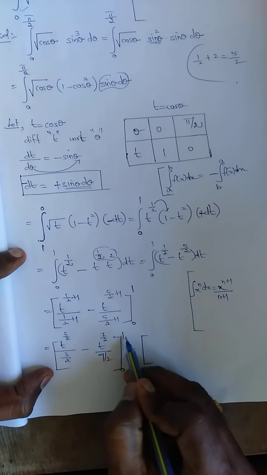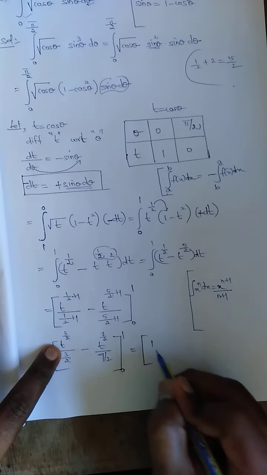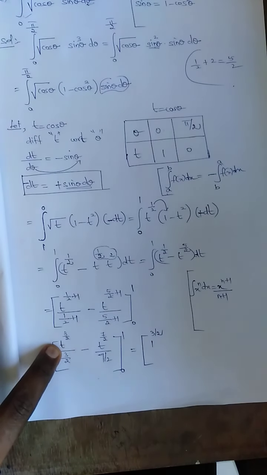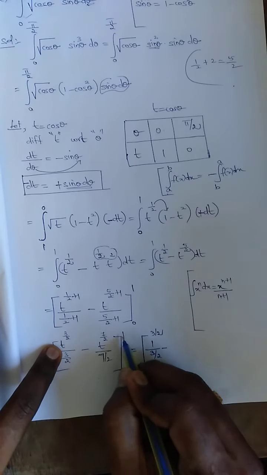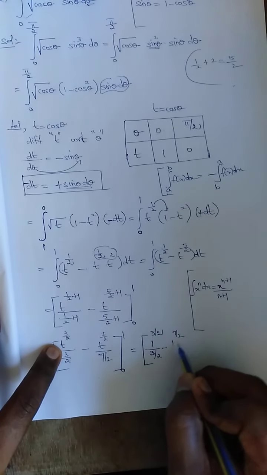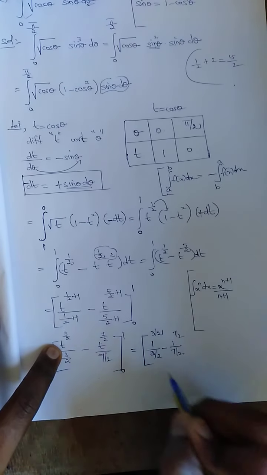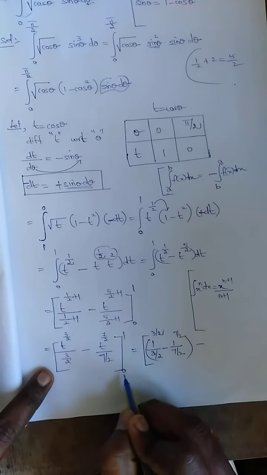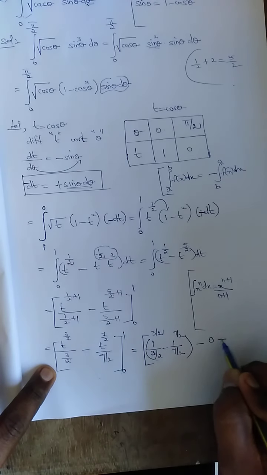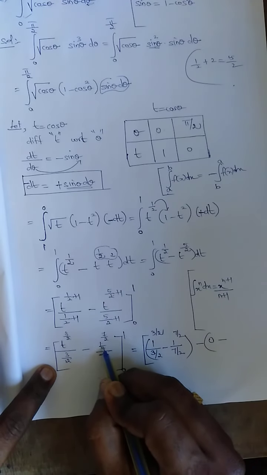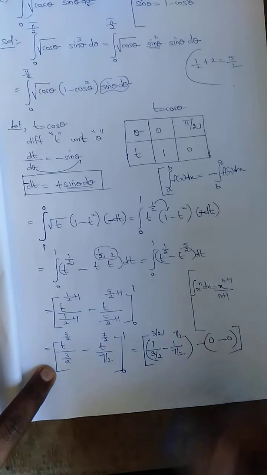Now first apply the upper limit: 1 power 3 by 2 divided by 3 by 2, minus 1 power 7 by 2 divided by 7 by 2, minus the lower limit: 0 power 3 by 2 is 0, minus 0 power 7 by 2 is 0, so close the bracket.